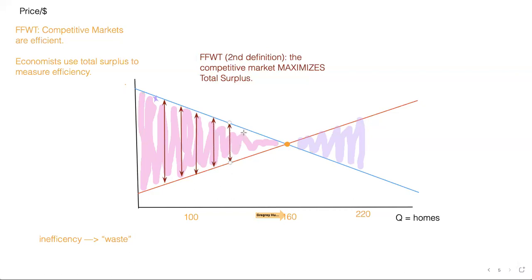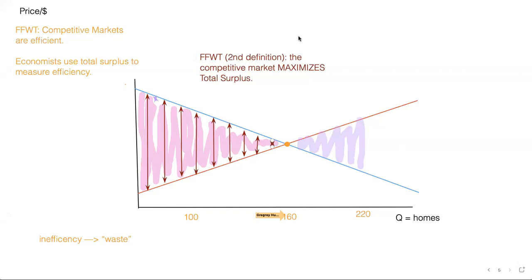And so if you want to maximize total surplus, then you ought to produce all of the units up until the equilibrium quantity. Does that make sense? Once you get past this, it would be negative total surplus.